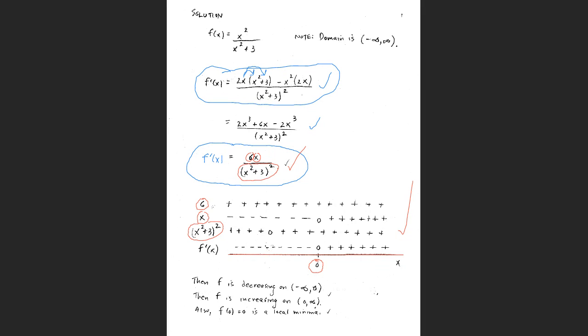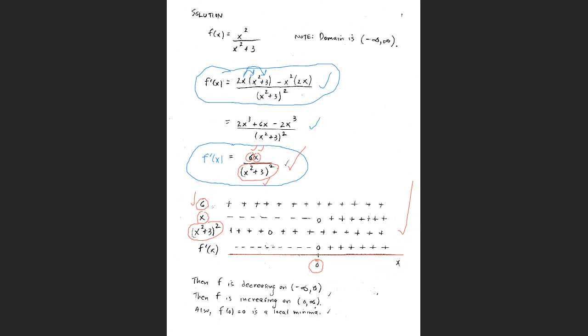And now what I do is I look at each factor. So, for instance, 6 is always positive. Remember, the first derivative equals 6 times x times x squared plus 3 squared. So 6 is always positive for any x value.